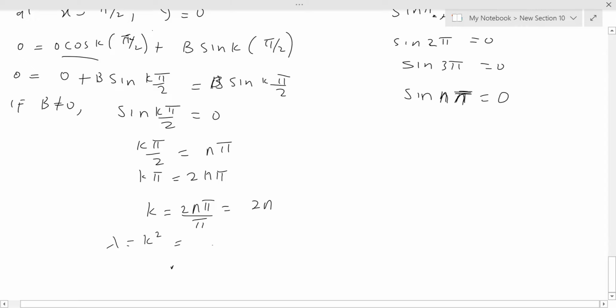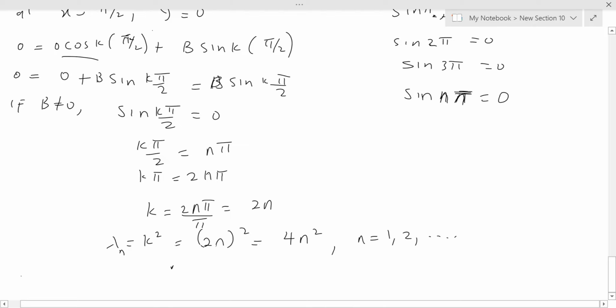So lambda is equal to this guy squared, 2n squared, which is 4n squared. So let's go to our final solution. But you know, this lambda depends on n now. The value of lambda actually depends on what n is. So we can say it is lambda n, and n is moving from 1, 2, all the way to infinity.